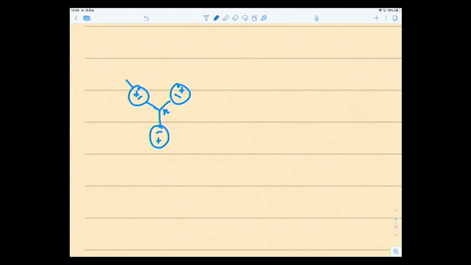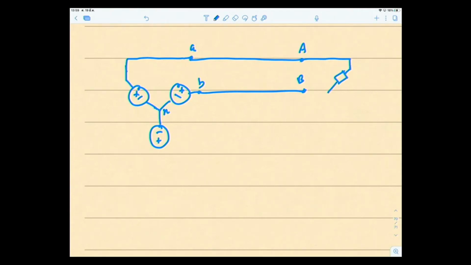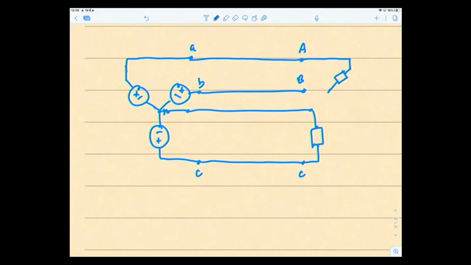So this is N, this is A, transmission line, B, C, my N. I'm not doing this very well.